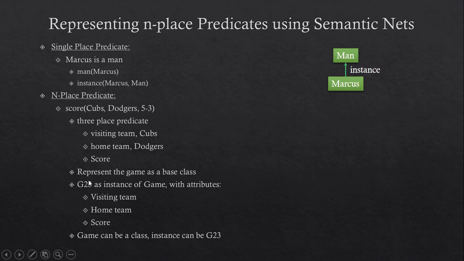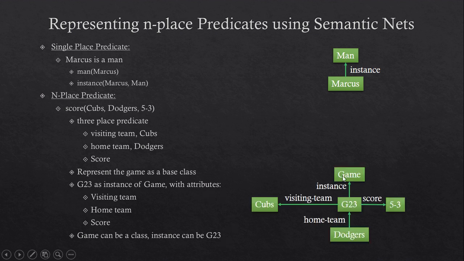This node G23 can then have various attributes. Visiting team, home team, and the score can be added as attributes of G23, the instance of a game, like this. So if it had more attributes, we could have added more attributes to this instance. So that's how we can have more than 3 arguments in predicates, more than 3 places in predicates.